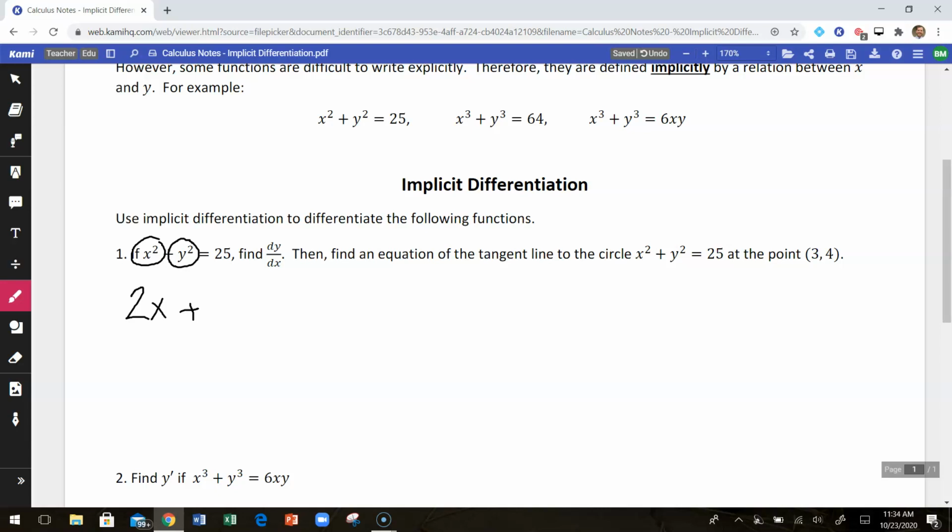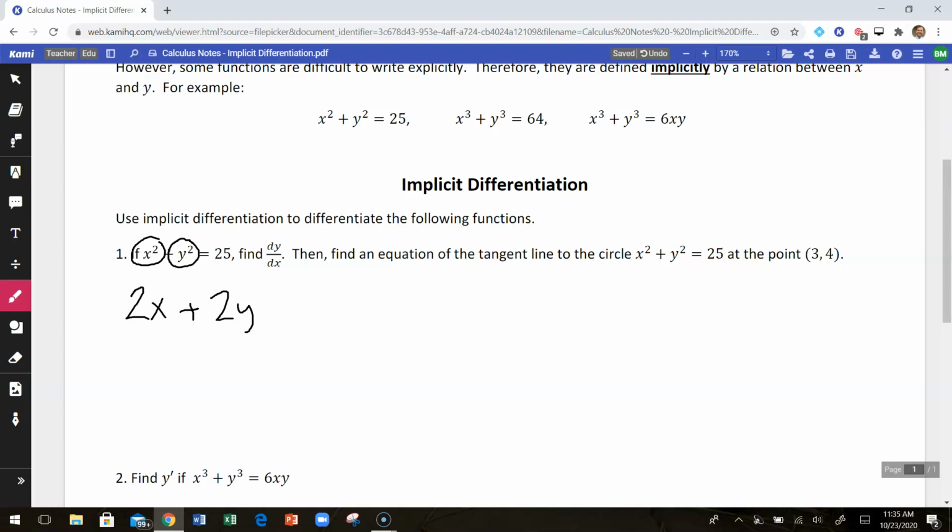So for y squared, I would say 2y, the exact same rule I use for x's. But then, because the term has a y in it, you chain on the derivative of y.